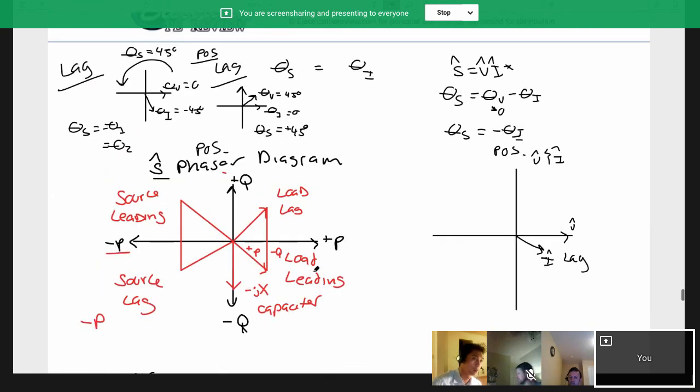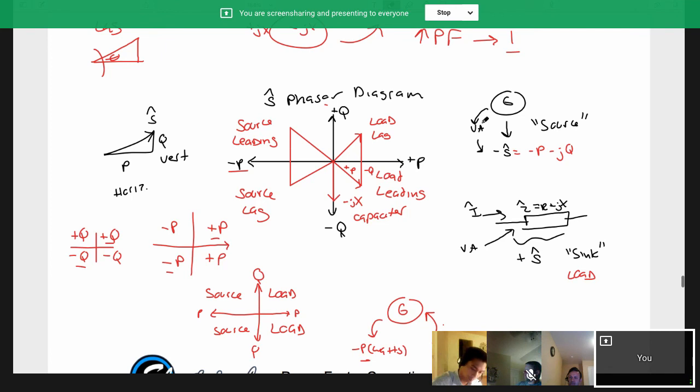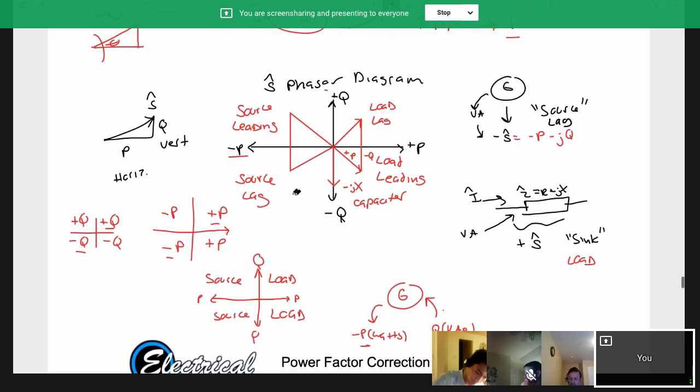What we talked about right here: this generator is going to be sending watts and Q. This would be a lagging source. Right? Minus P minus Q.